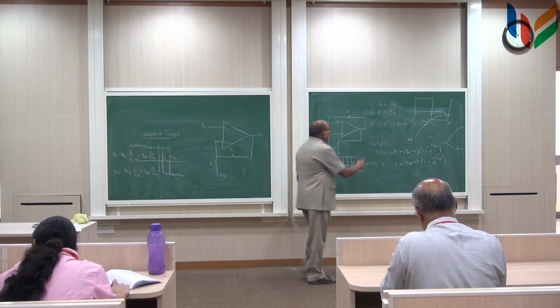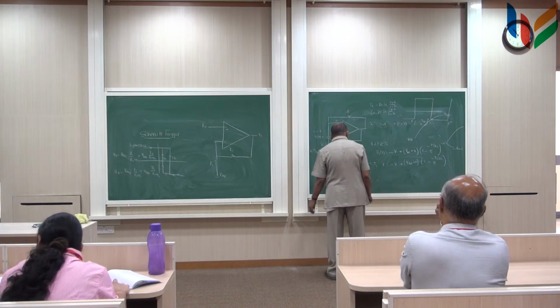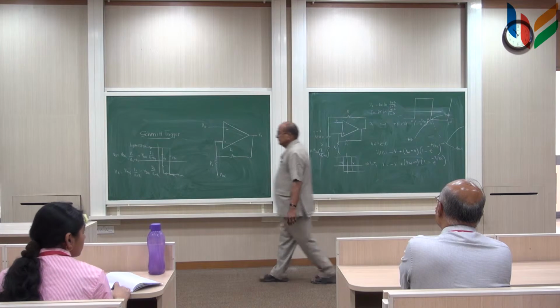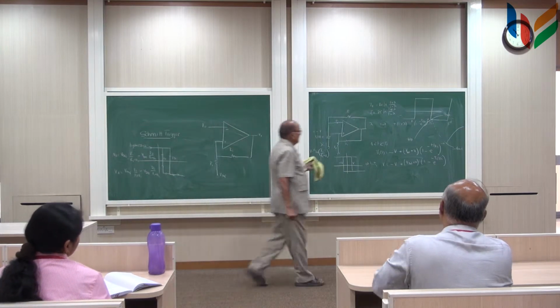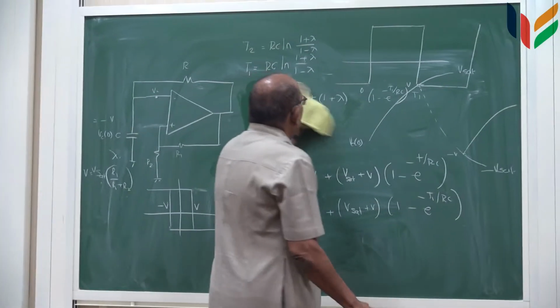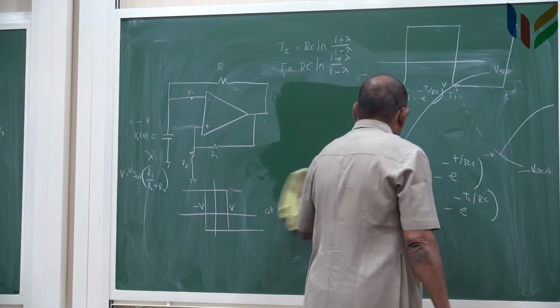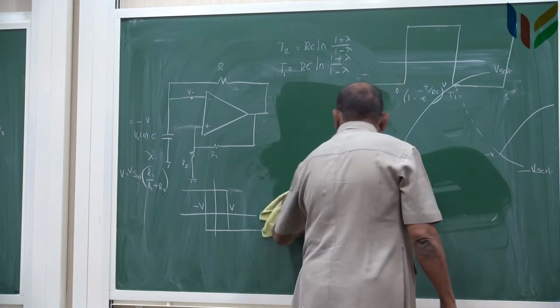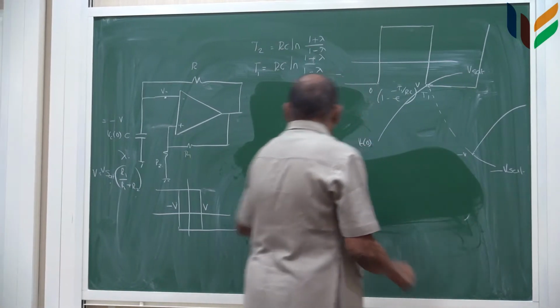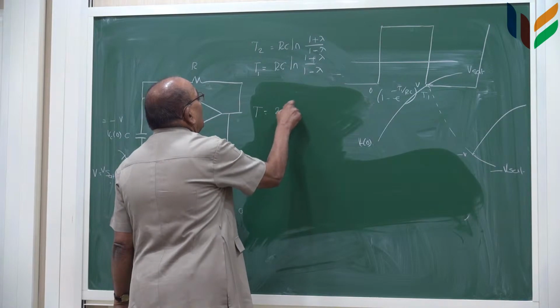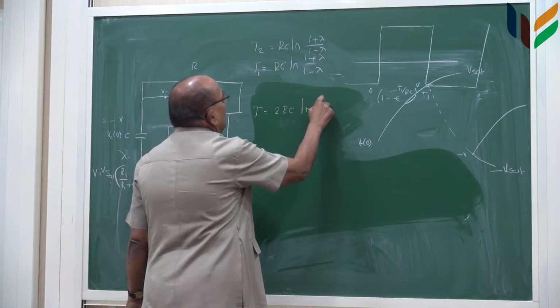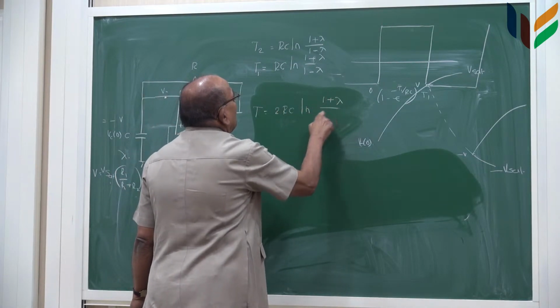So the total time period for this oscillator T is equal to 2 times RC into log 1 plus lambda by 1 minus lambda.